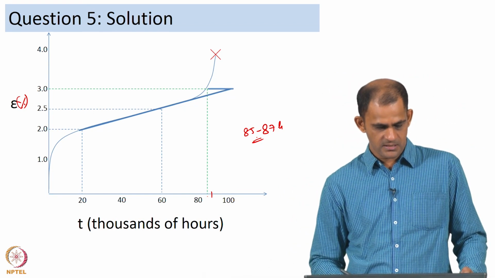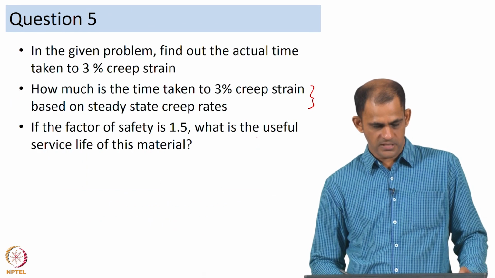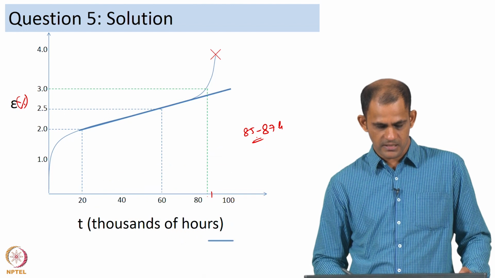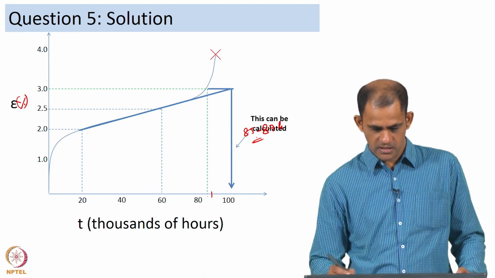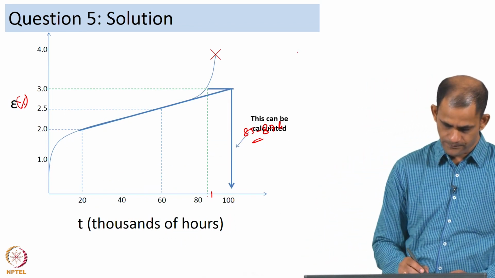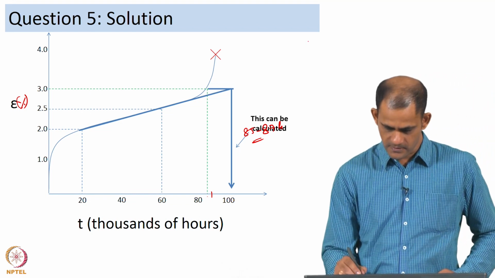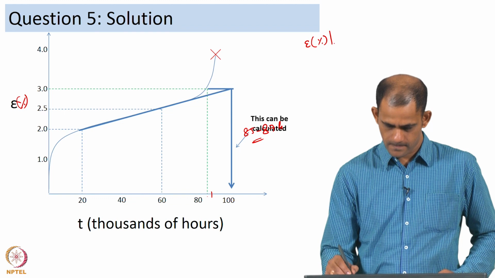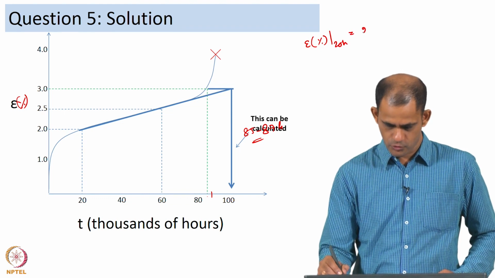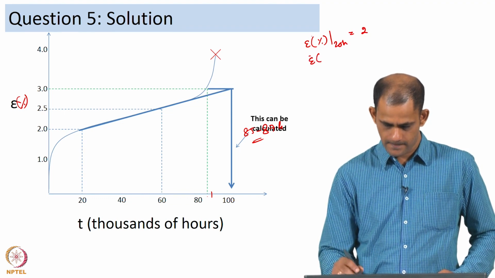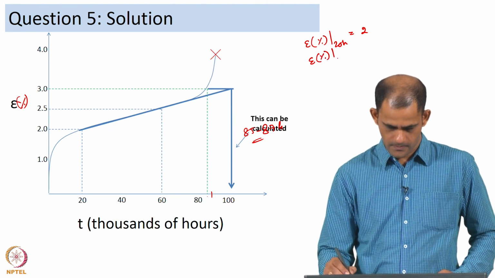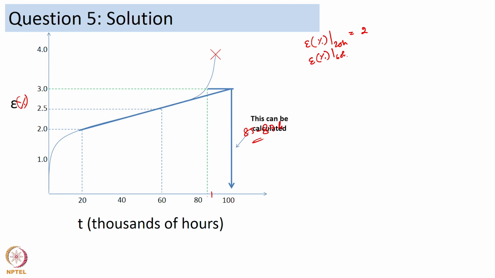Now, the second bit is how much is the time taken to 3% creep strain based on steady state creep rates. So, let us now try to find out the steady state creep rate. At 20 hours the plastic strain is 2, and at 60 hours the plastic strain is 2.5.